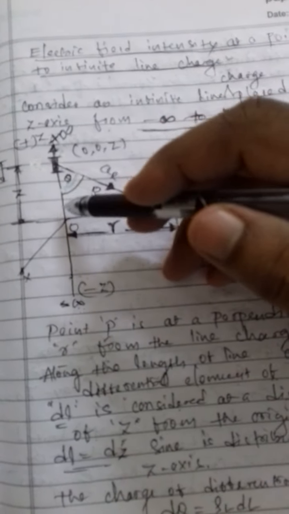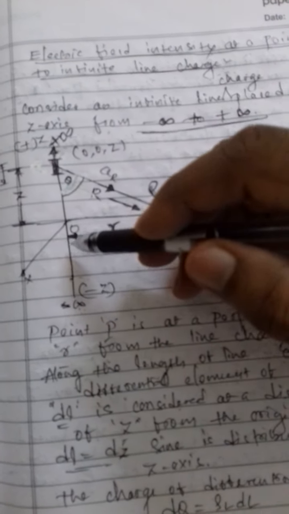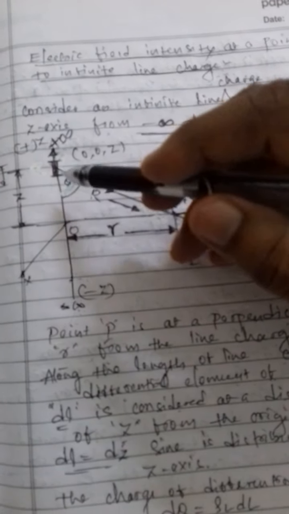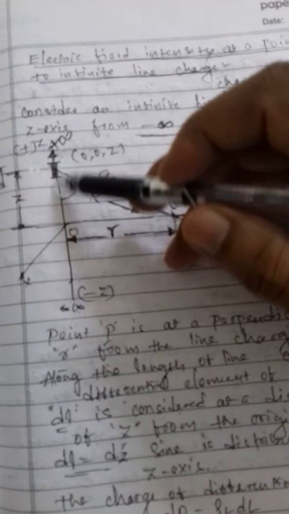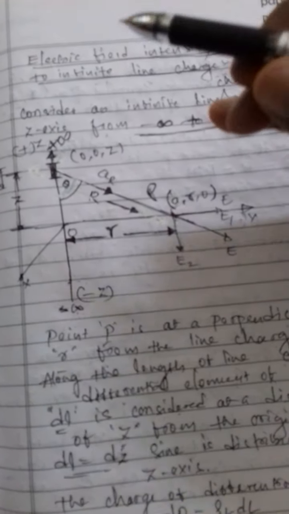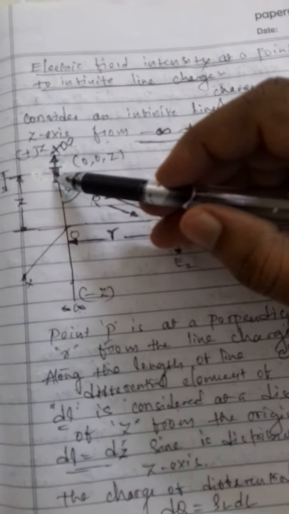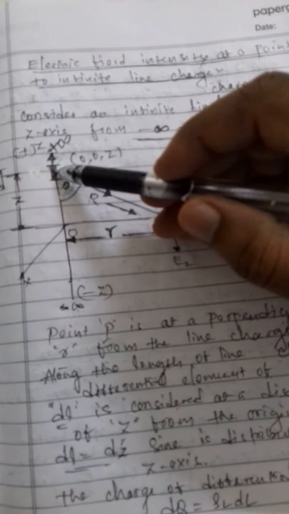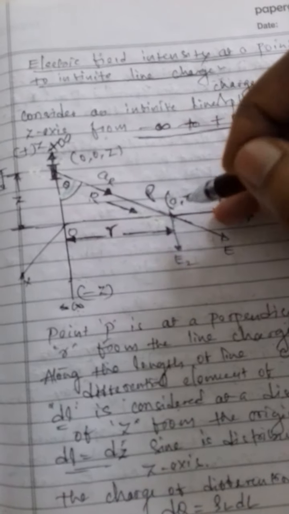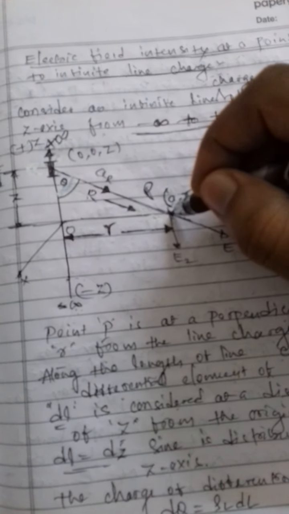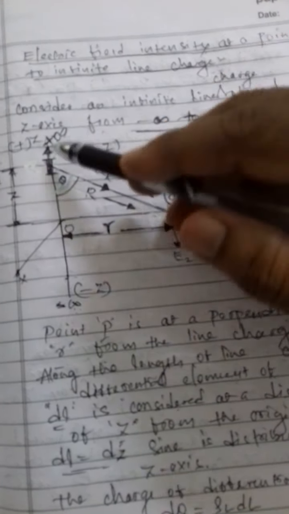That's why, first of all, you have to consider some incremental length along the line charge.